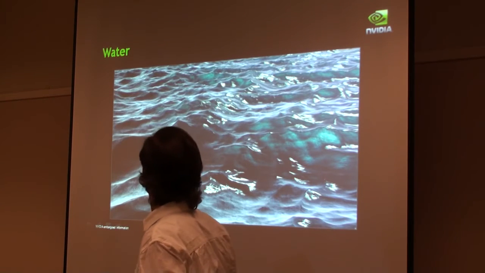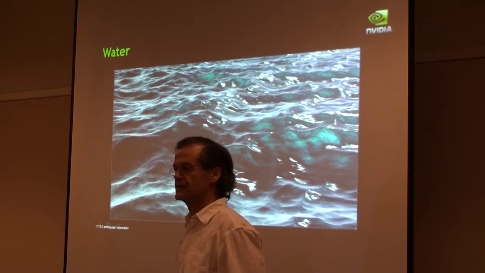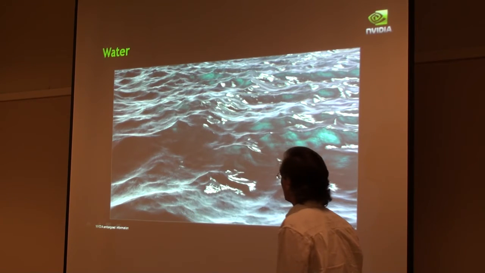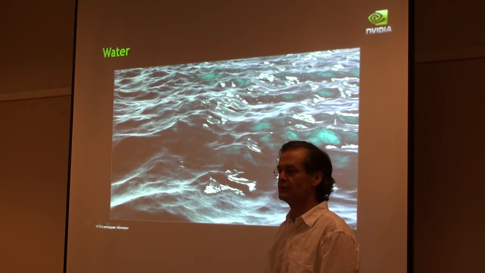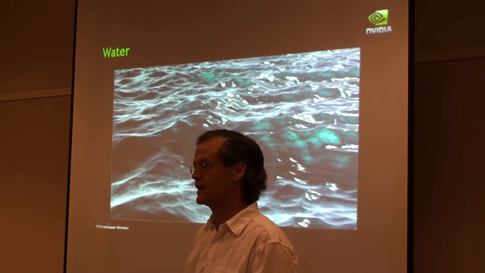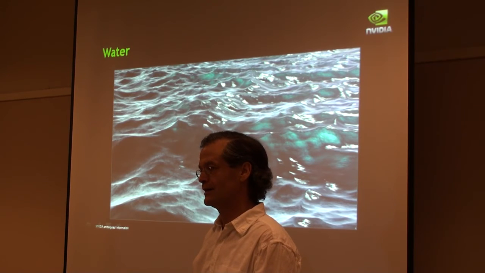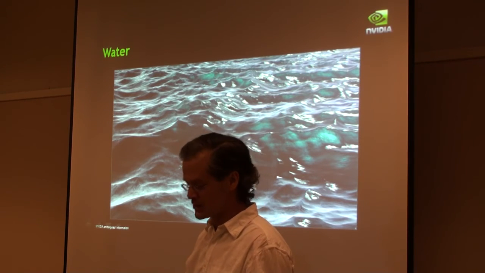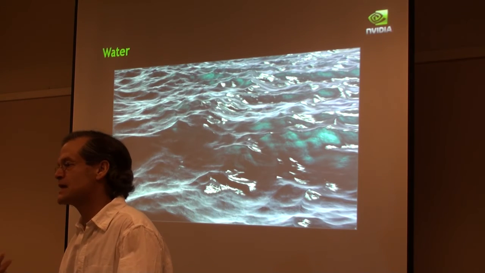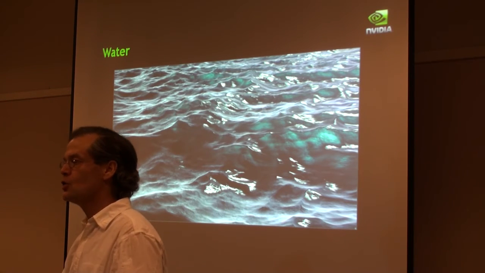All right, so what can you do with this? Here is a picture of water. We've been working on water off and on for an awfully long time. It's hard to render water, and it's hard because people know what water looks like. It's the same problem you have if you're trying to render human characters.